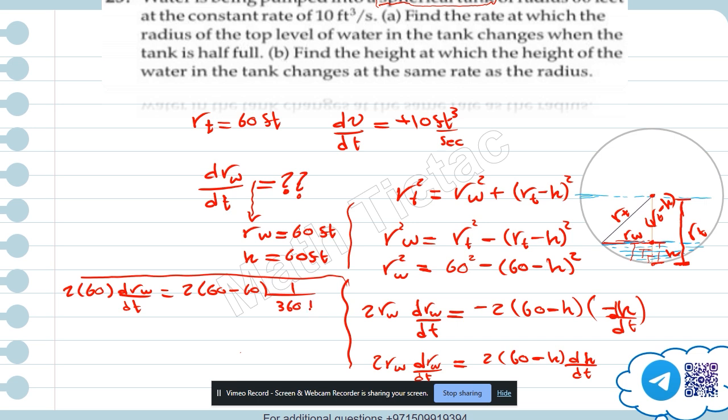Now this is equal to 0. So dividing by 2 multiplied by 60, dr of water over dt is equal to 0 feet per second. Okay, that's it. This is the value. So this is part A.